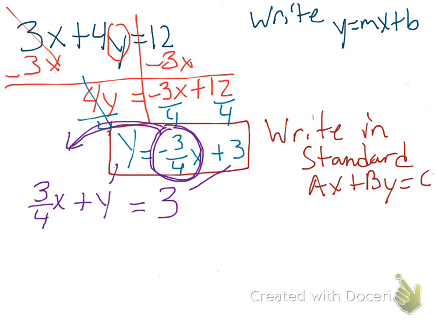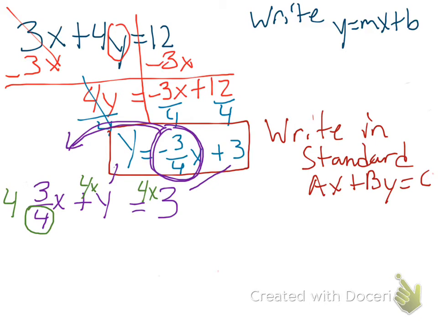So standard form, I can't have any fractions, so I need to get rid of that 3 over 4. So that's actually pretty easy. All I do is take the denominator, which is 4, and I'm going to multiply everything by 4, the whole equation by 4. So 4 times 3 over 4 is very easy.